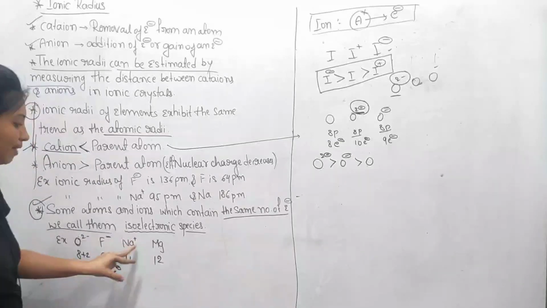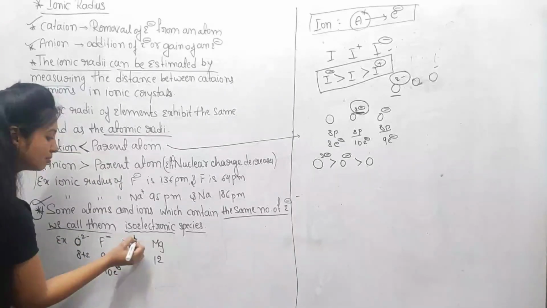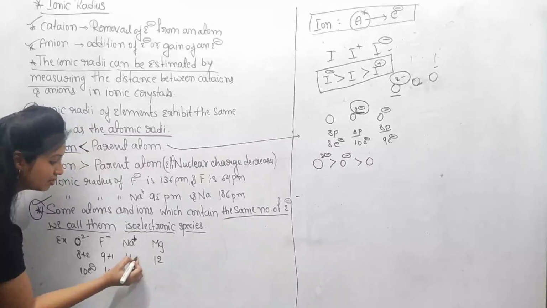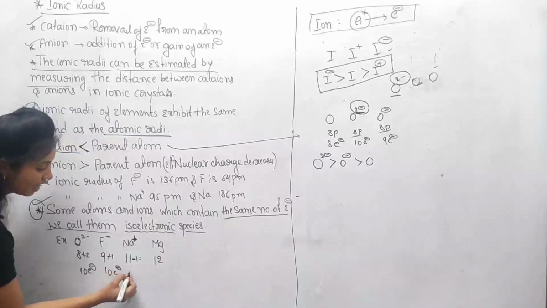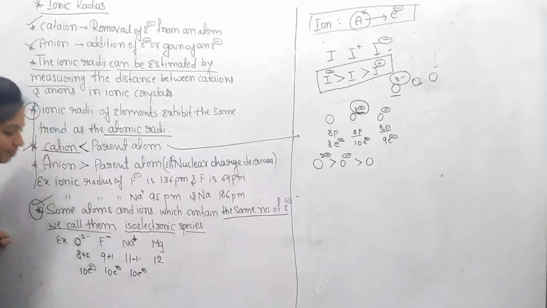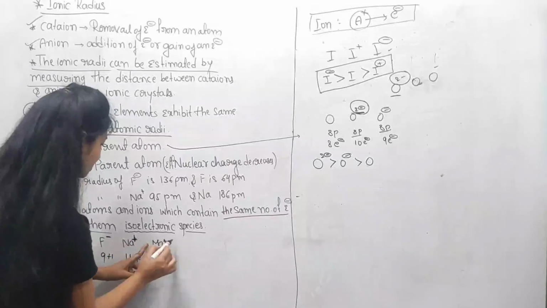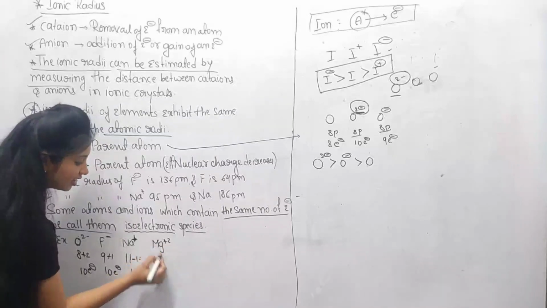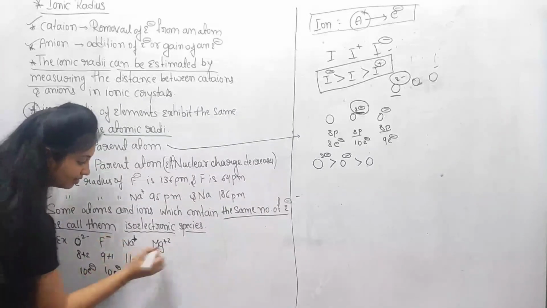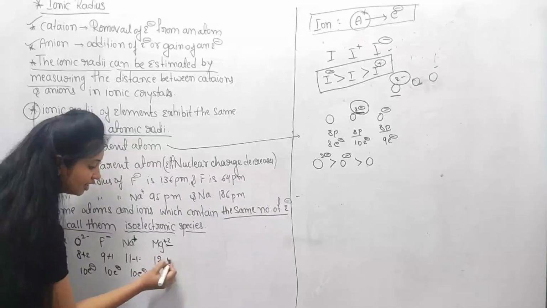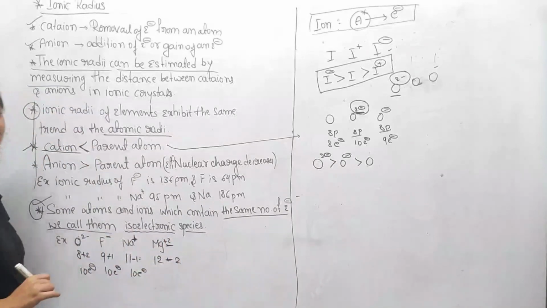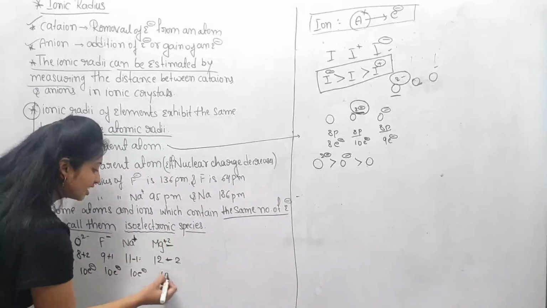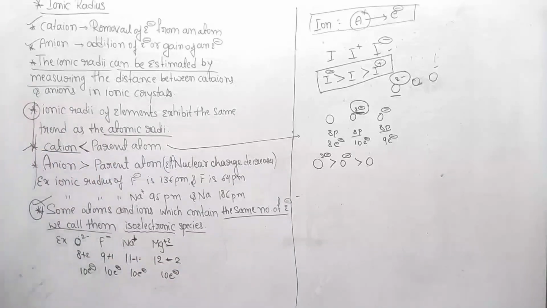And sodium plus, positive charge, means we remove 1 electron. Then what happened? 10 electrons. Mg plus 2. The atomic number of magnesium is 12. Plus 2 means we remove 2 electrons from this magnesium. Then what happens? Again we have 10 electrons.